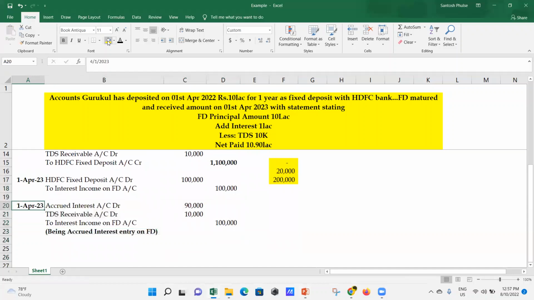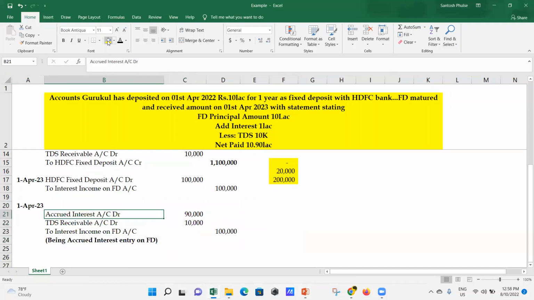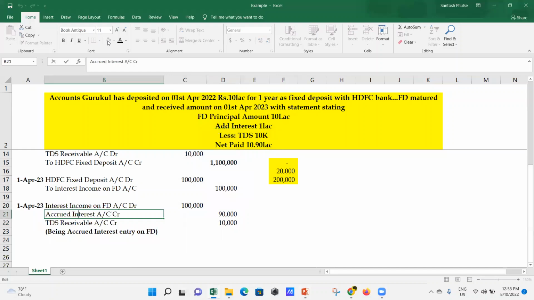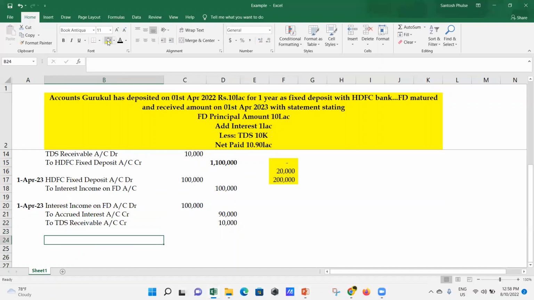And the reversal entry we have to pass for accrued interest account is credit for 90,000, and to TDS receivable account credit, and here we have to debit interest on FD account, debit for 1 lakh, and this is going to be 2, and this is also going to be 2.